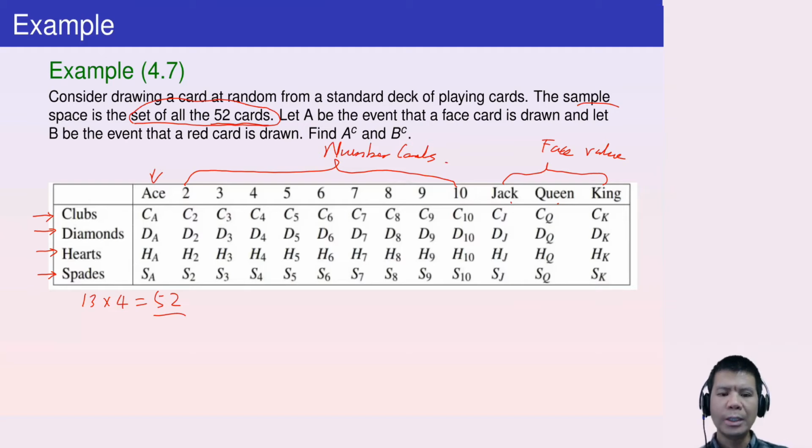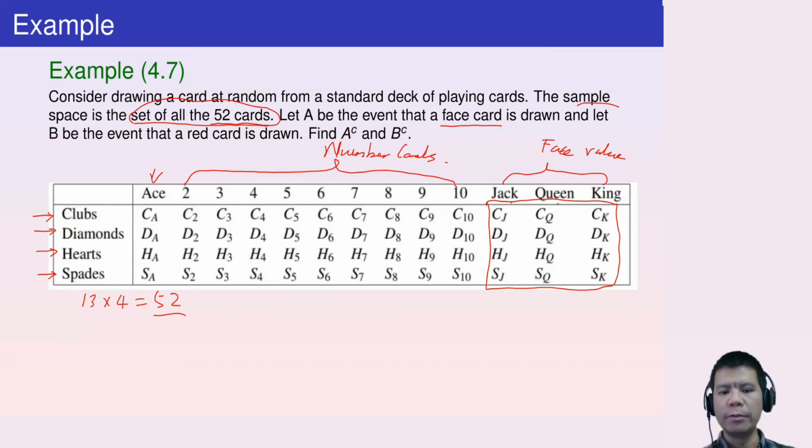Now, A is the event that a face card is drawn. So that is all the outcomes in the event A: maybe club jack, club queen, club king, and so on. They are face cards, all the jacks and the queens and kings.